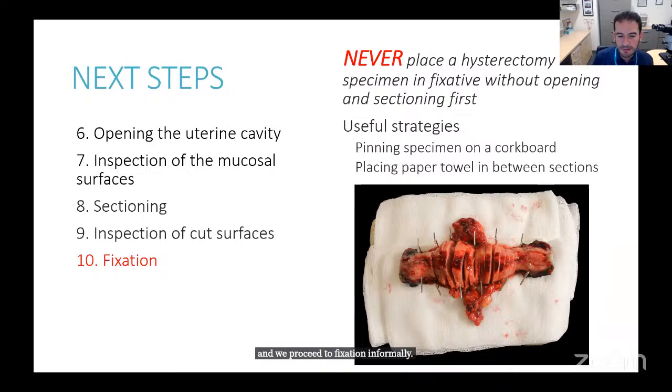This is the only way I will put a uterus in formalin after it's been opened and thinly sectioned. Please never, and in 2024, never place a hysterectomy specimen that is closed, that has not been opened, in formalin and expect that tissue to be fixed.